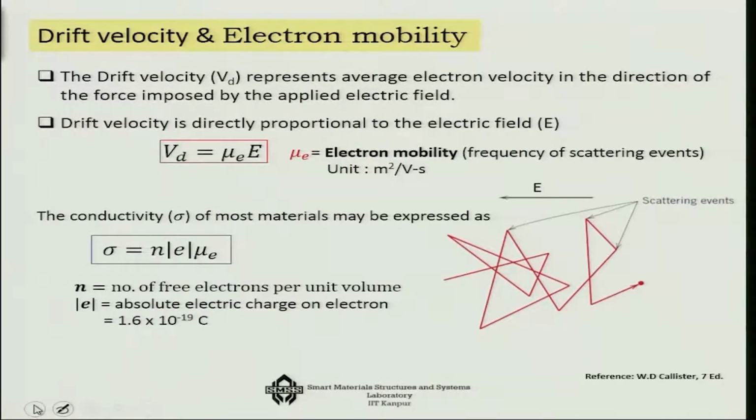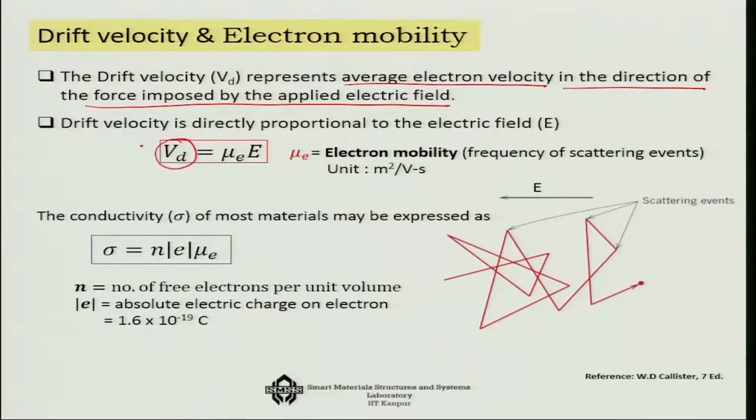So, there is a drift velocity Vd, which represents the average electron velocity in the direction of the force imposed by the applied electric field. The moment you apply the electric field, the electrons start to flow, and the average velocity of these electrons is measured with the help of the drift velocity Vd.